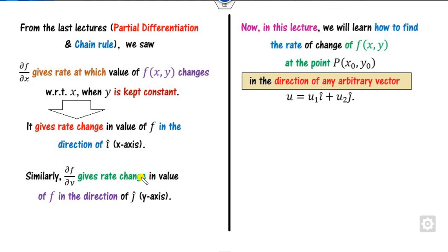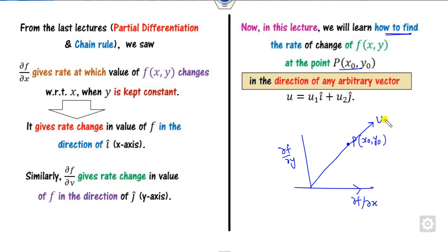But the target of this lecture is to learn how you can find the rate of change at any point. If you take the point P, which is nothing but (x0, y0), then what is the rate of change at this point P in the direction of, say, this u? How can you find the rate of change of this function at this point P?